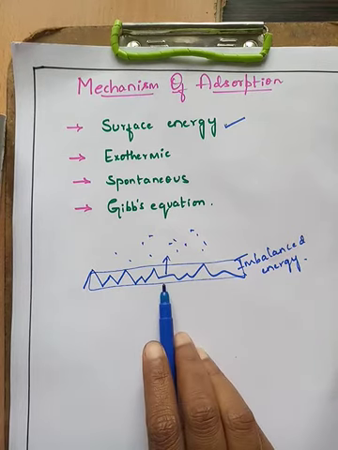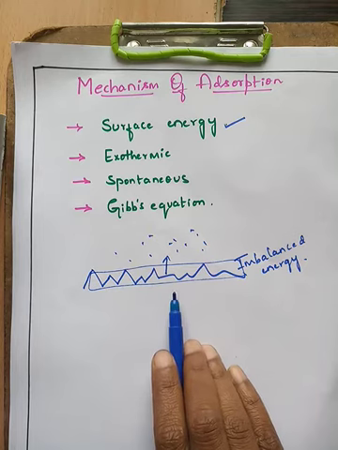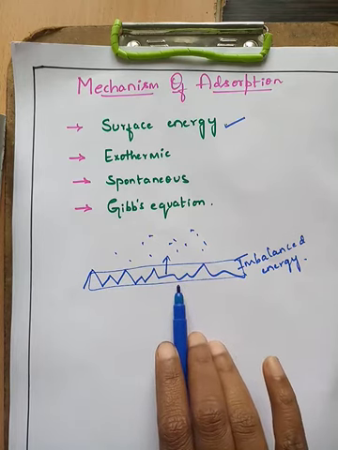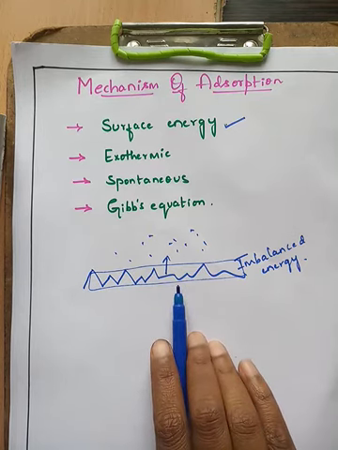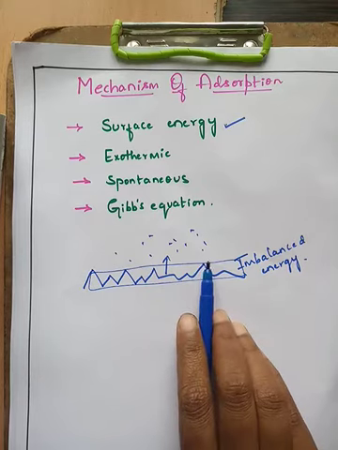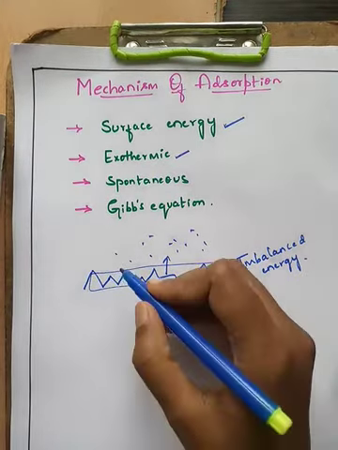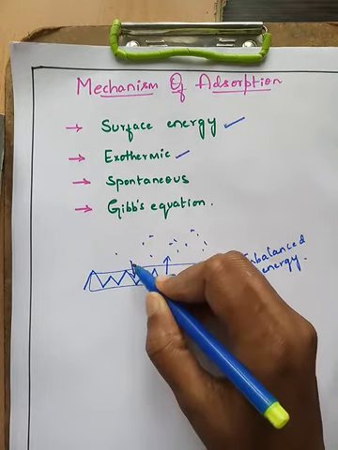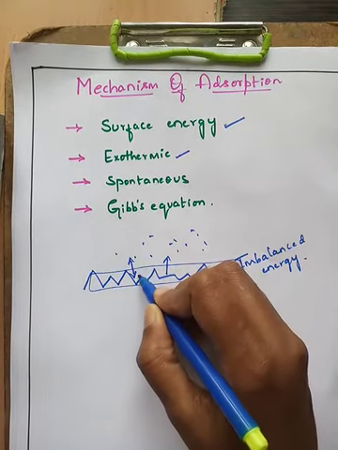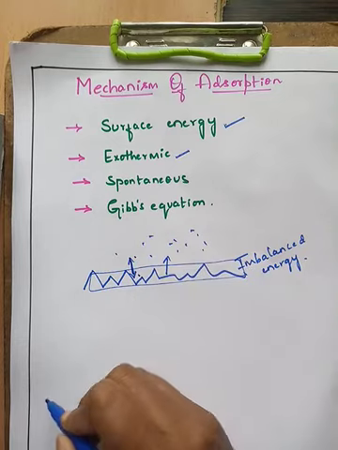Whenever the adsorption process takes place, the energy is lowered, and that energy is released in the form of heat to the surroundings. That's why it is an exothermic reaction. Here the adsorption takes place between the adsorbate and the adsorbent, and a bond is created.